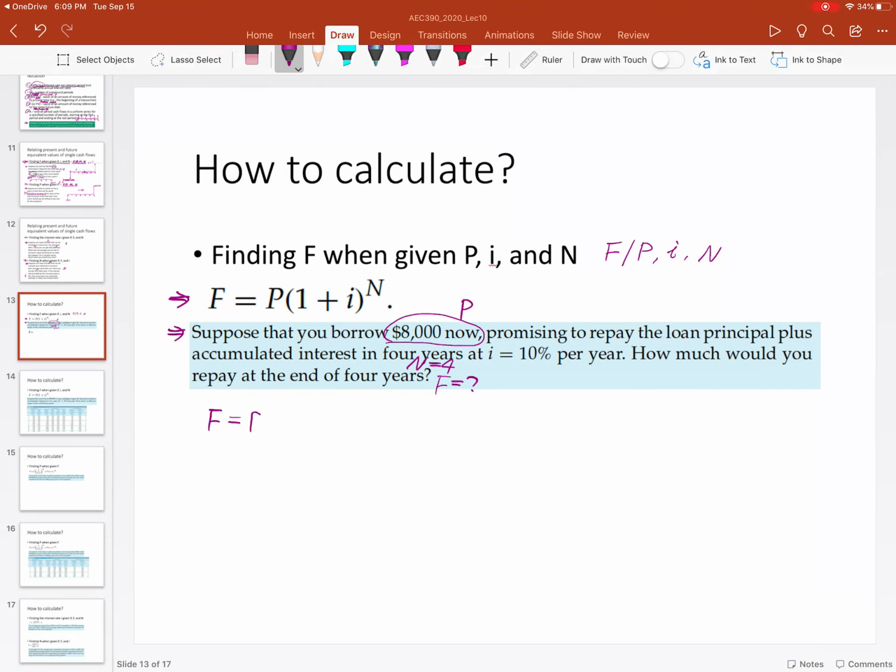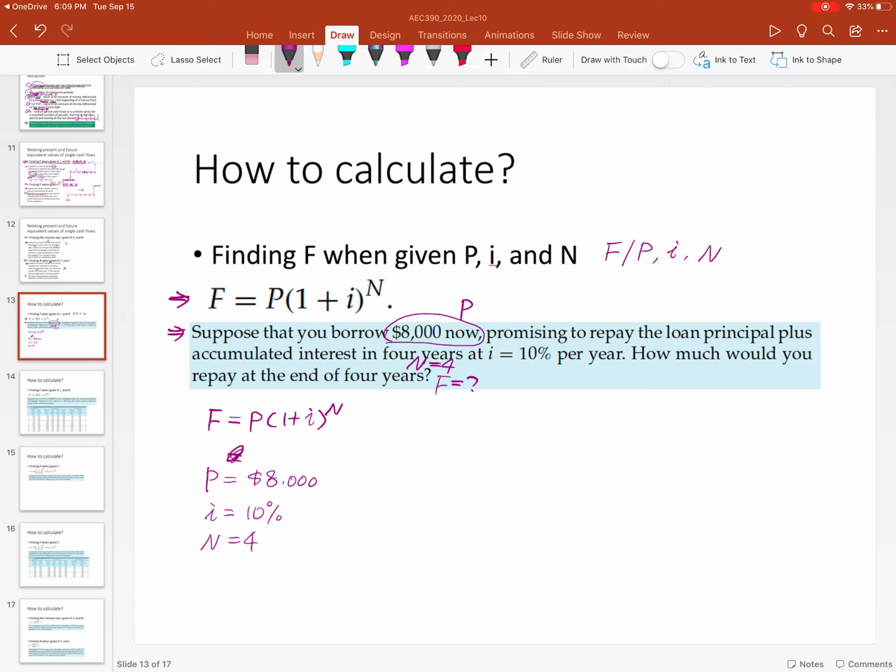Let's use this equation. So F is P times 1 plus I to the power of N, right? And what is P? P is 8,000. I is 10%. N is 4.